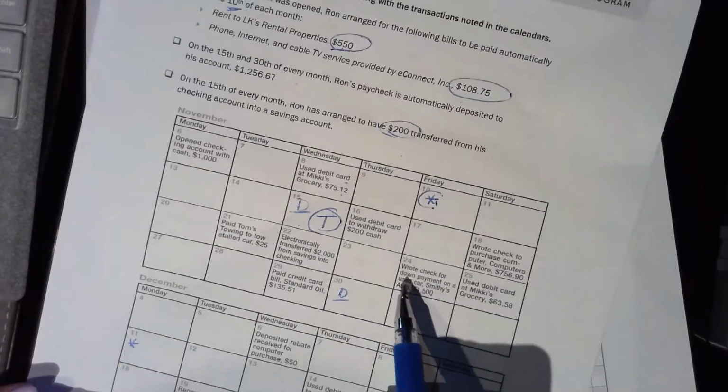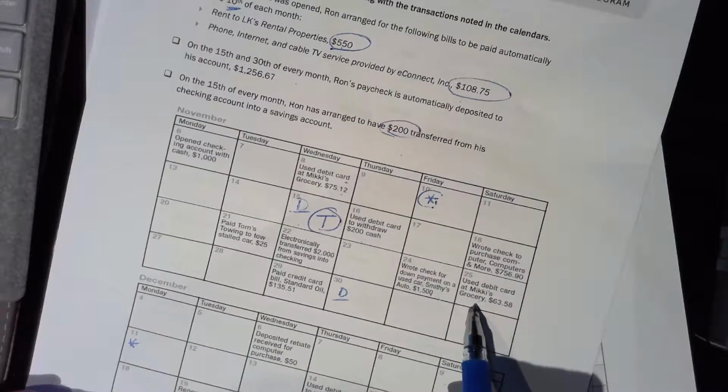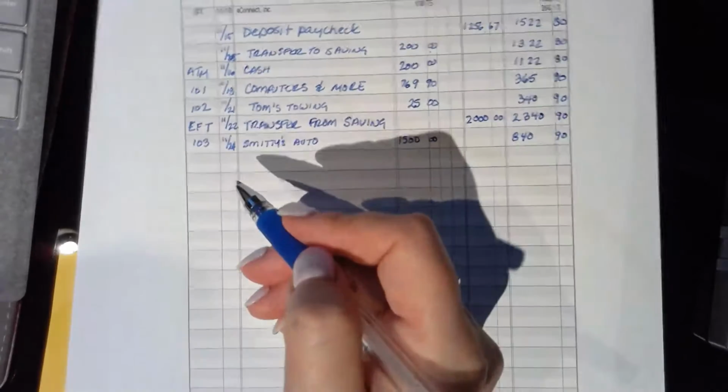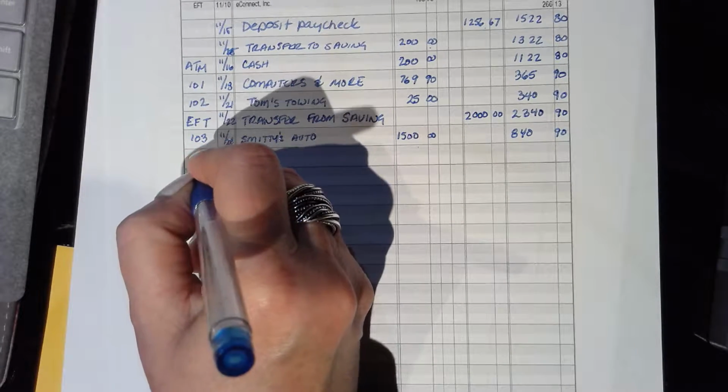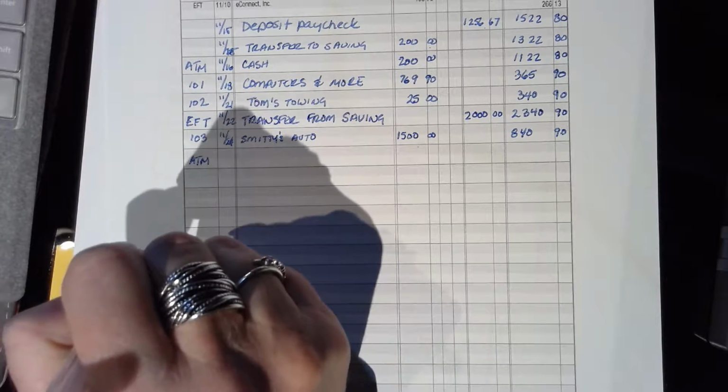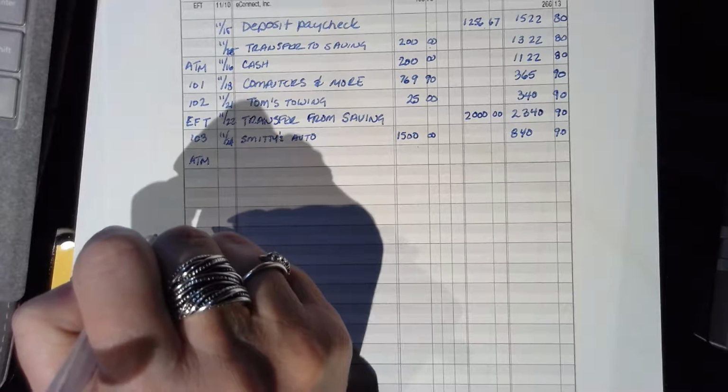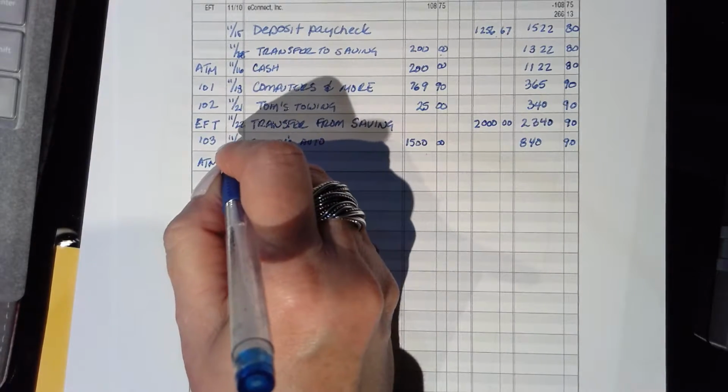Okay, but apparently he still likes to eat, so he's going to go back to the grocery store on the 25th. He's using his debit card. He chooses to mark that down as an ATM purchase, and he does that on the 25th.